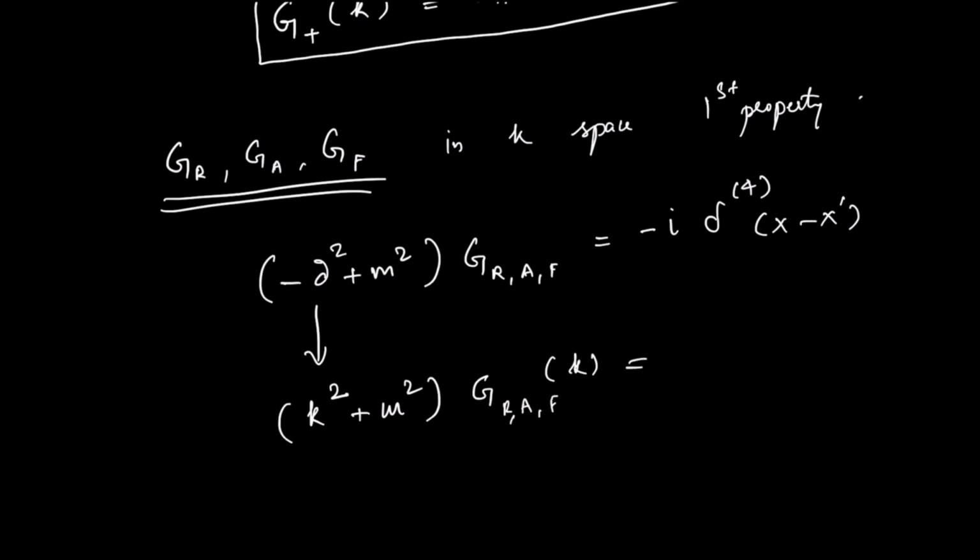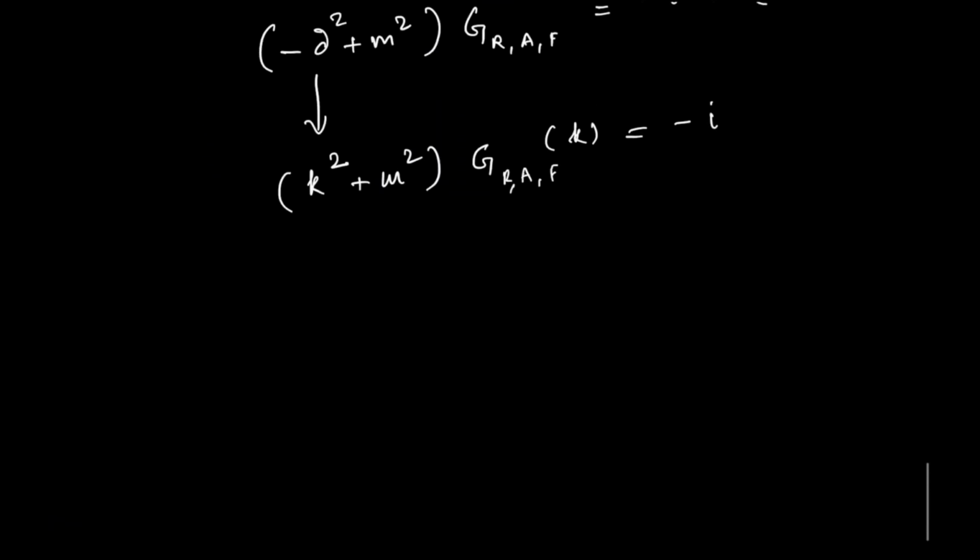This will be equal to minus i, because the Fourier transform of Dirac delta is 1. So this is very simple. Rearranging, I get G r a f of k is equal to minus i by k square plus m square.